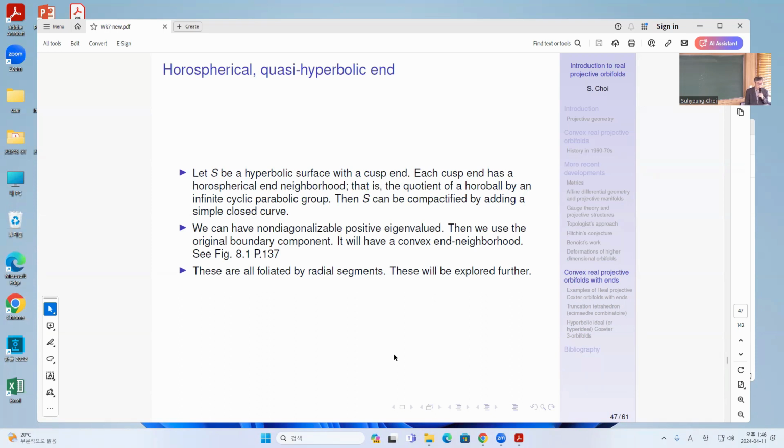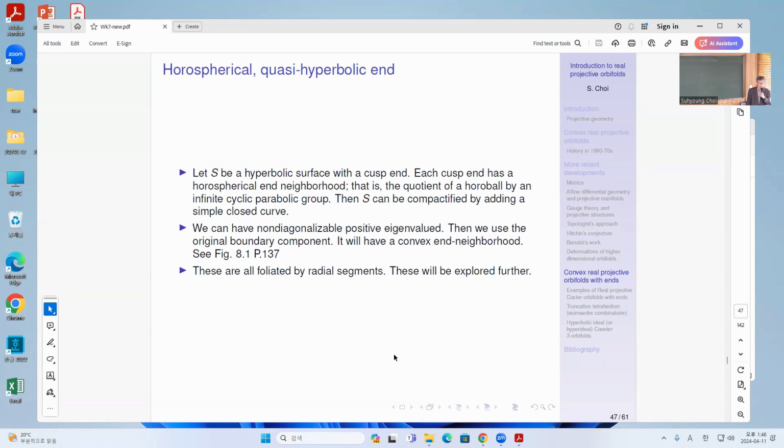And then you could also have a non-diagonalizable positive eigenvalued holonomy. This means that the eigenvalues are both positive, at least 2, but not diagonalizable. Then you can actually compactify by a geodesic boundary, and these are what's called quasi-hyperbolic holonomy.